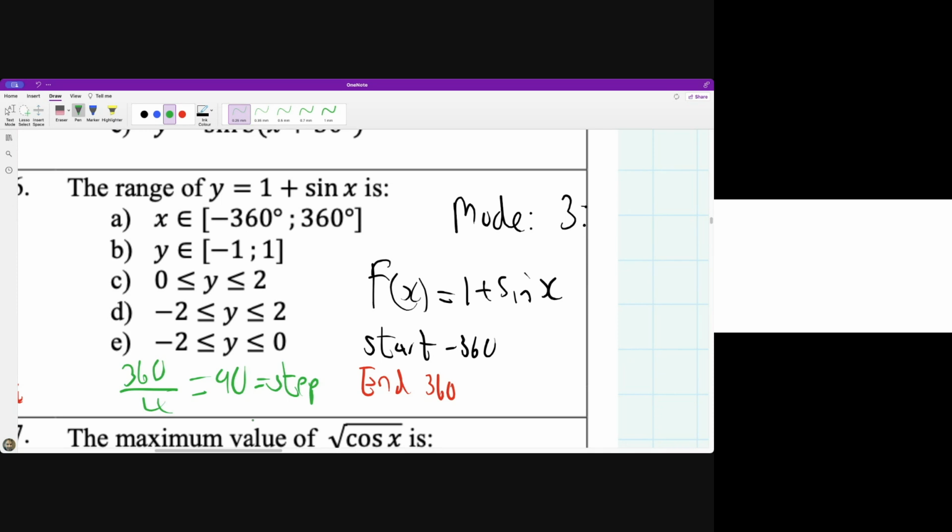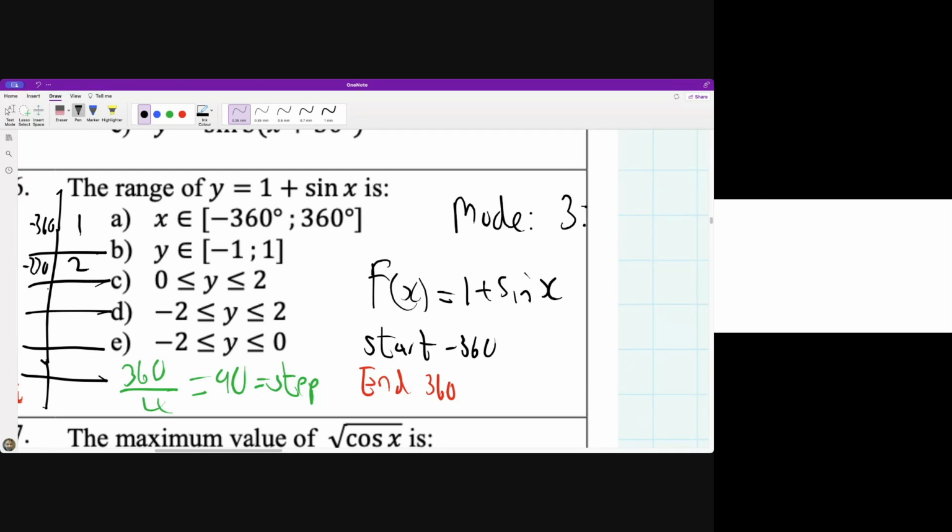Now, if I look at my table, there's a table of data. Type table in the chat if you've got a table of data now using your calculator, where it starts at minus 360 and it has 1, and then it has minus 270 and it's 2.